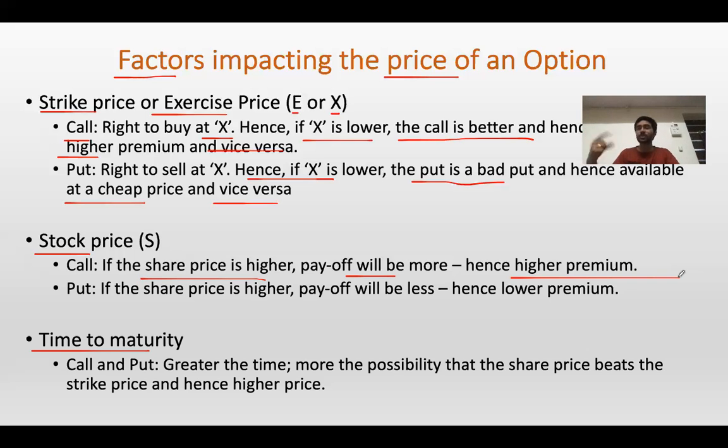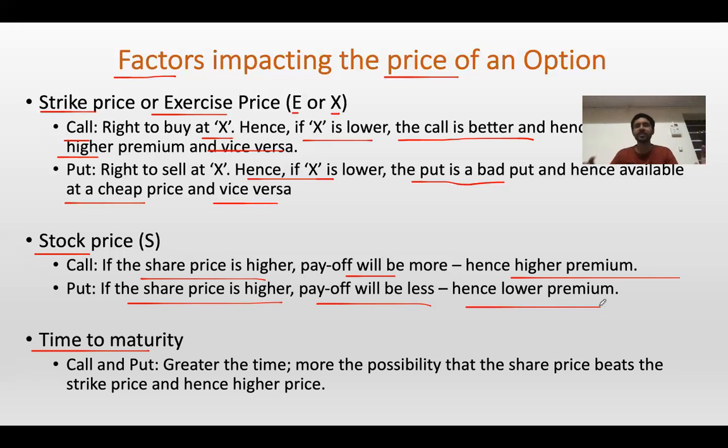The second one was where the underlying share price was 107, and the first one was where it was 120. So the second put option, which is better off, will now command a higher premium. So for the put option, if the share price is higher, meaning 120, which is the first put option, the payoff will be less, and hence the premium will be lower.